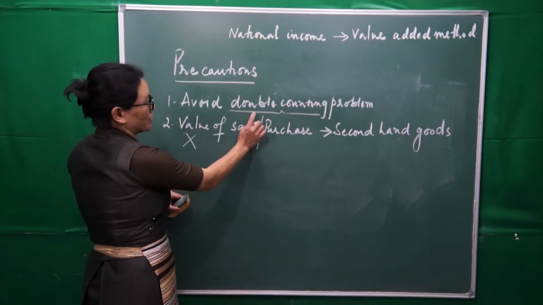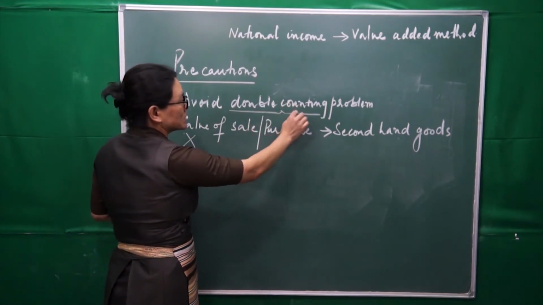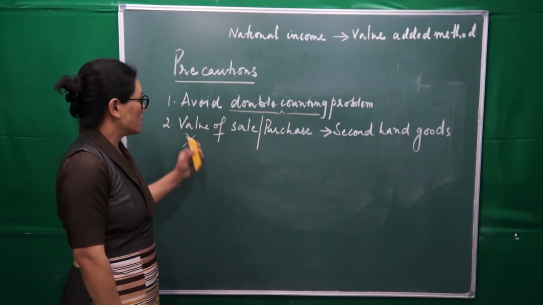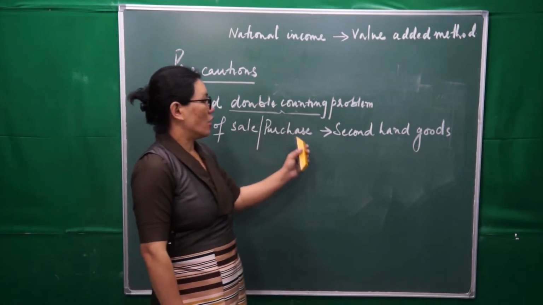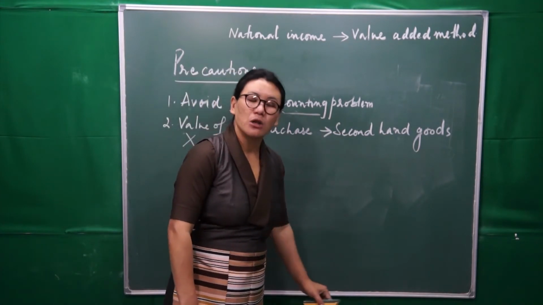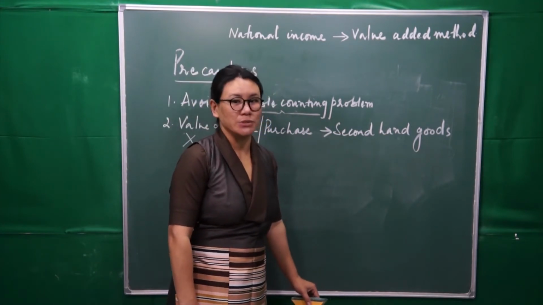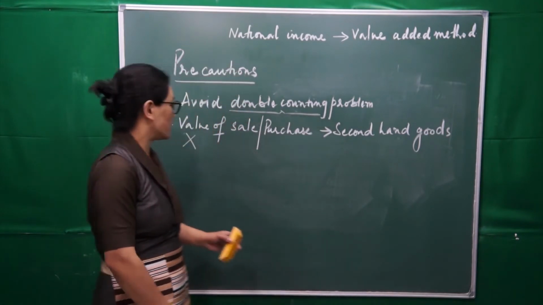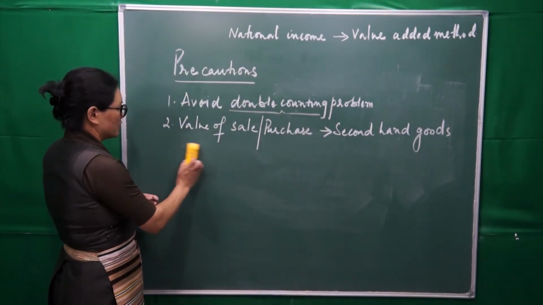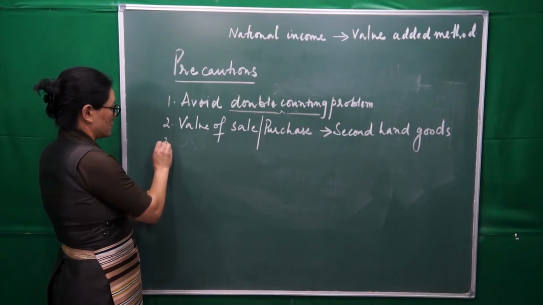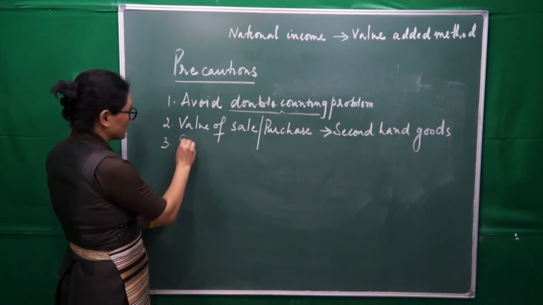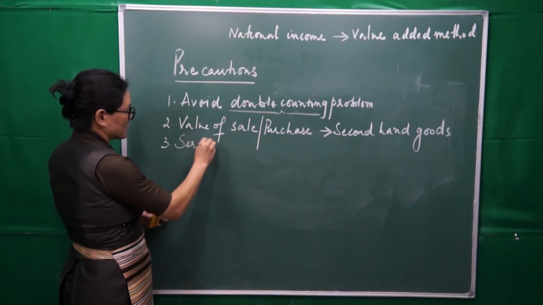It will lead to the double counting problem again. So because of this reason, the value of sale or purchase of such goods is not taken into consideration in this method. Okay. The third one is regarding services.